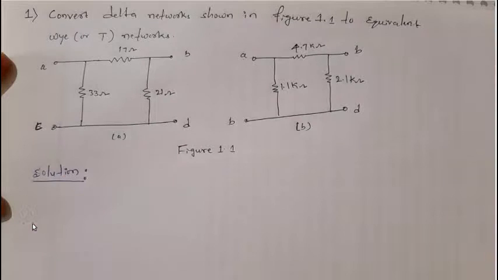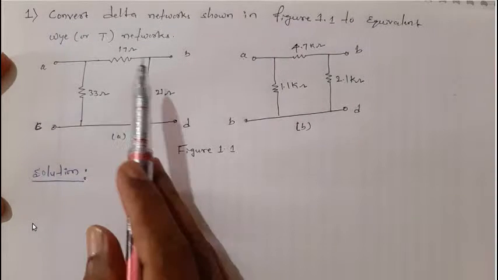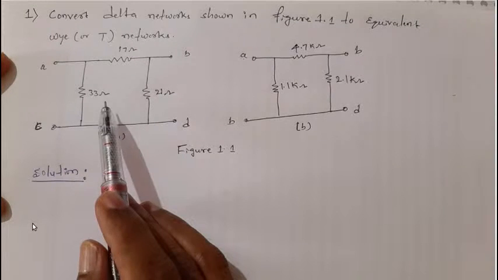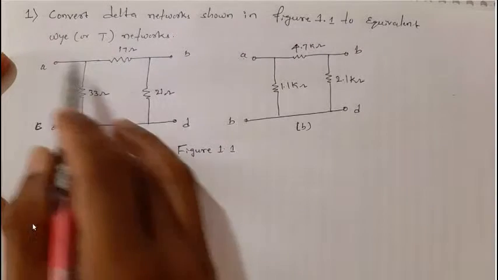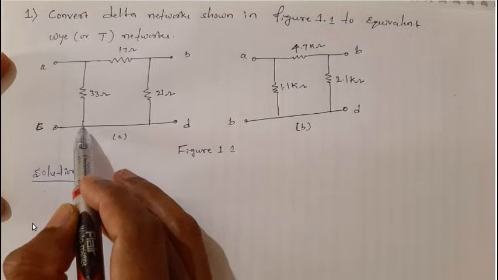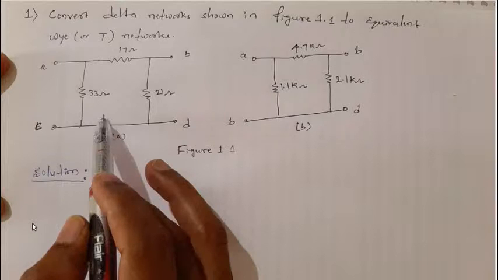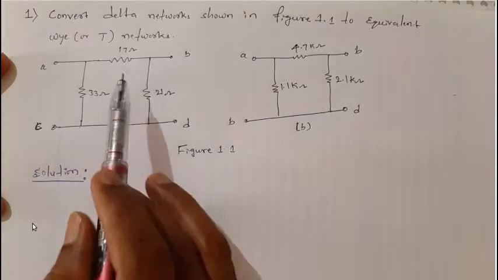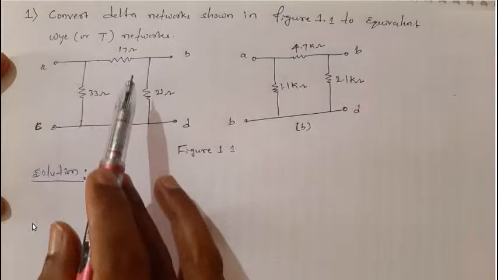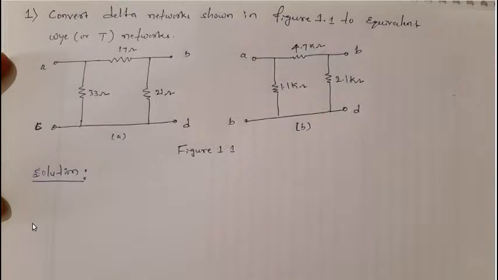So here we can see, dear students, there are 3 resistors in a delta network. Here these two you can see as a pi network. Even if you connect these two terminals at a single point, then you can see that as a delta network. Initially, referring to this, I will first convert this to an equivalent T network. I will redraw this for your convenience.